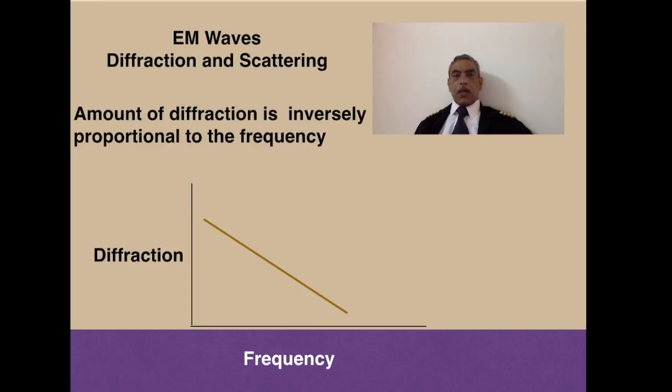That means the lower frequency ranges are able to change direction much more easily. As you go up in the higher frequency range, that is very high frequency and ultra high frequency, there's hardly any change in direction. That's what it means here.